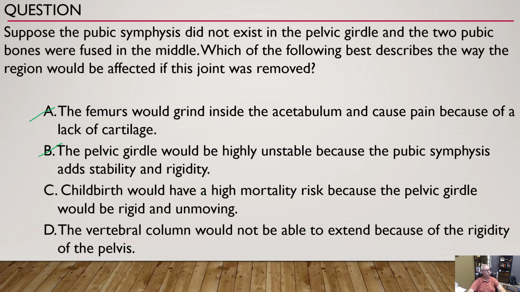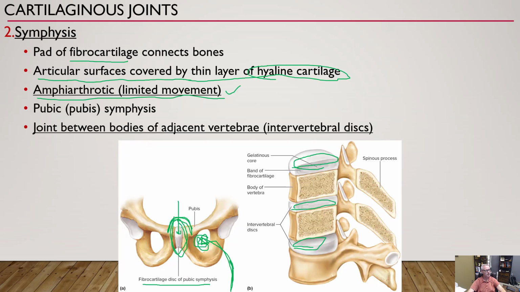Childbirth would have a high mortality risk because the pelvic girdle would be rigid and unmoving. So that sounds like it could be a good answer, because remember that I said this joint allows for expansion of the pelvic girdle during childbirth.